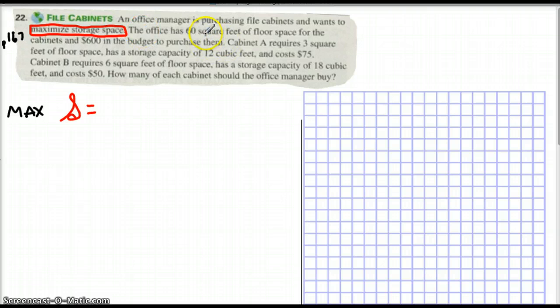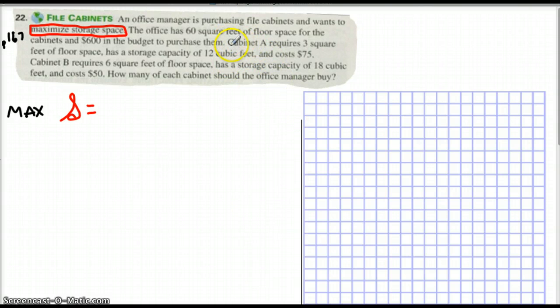So the office has 60 square feet of floor space for the cabinets and $600 in the budget to purchase them. So two different things going on there. Square feet of floor space on the floor, and then money to buy some cabinets. Okay, so cabinet A, ooh, there we go, now they're getting to it.